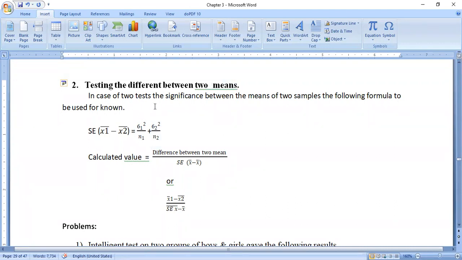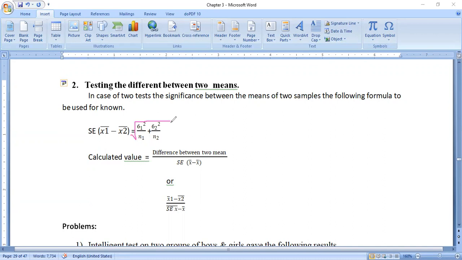In the case of testing the significance between two means, the significance between the means of two samples, the following formula is to be used for known. This is the formula. Standard error of x bar 1 minus x bar 2 is equal to the square root of standard deviation 1 squared by n1 plus standard deviation 2 squared by n2.